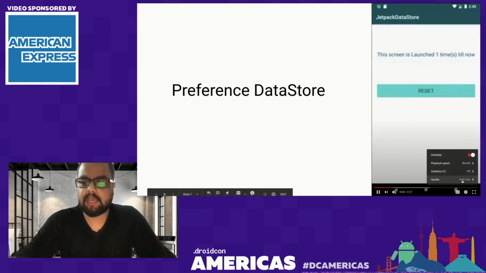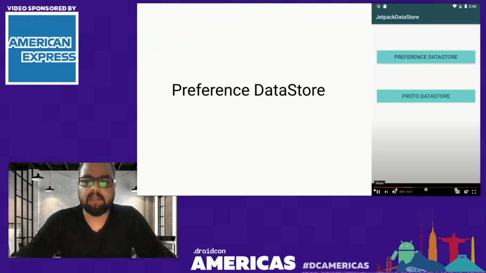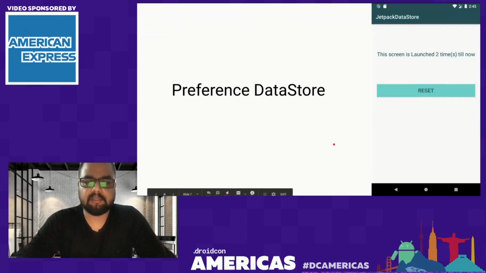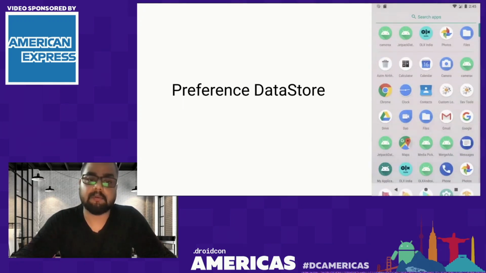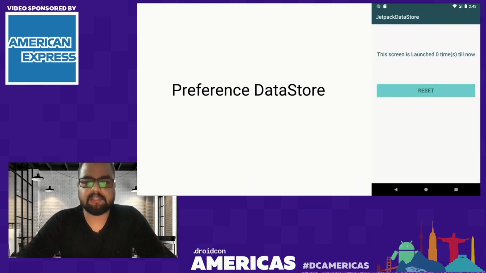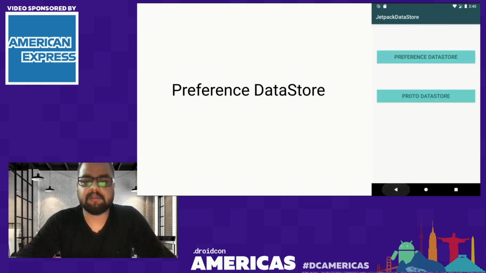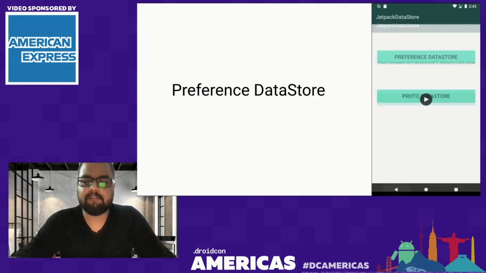The use case that I will take is something you might have seen in your development: you might need to store the app launch time, or the number of times your app is launched, and you save it in your shared preference. This is a very simple use case, as you can see in the demo video. There is a button, the screen is launched, and every time the screen is launched, it gives you the counter.